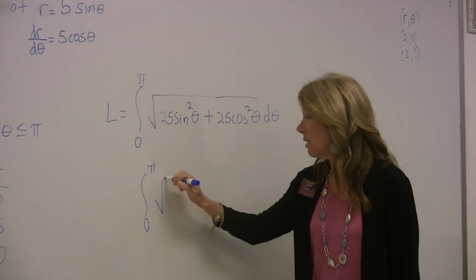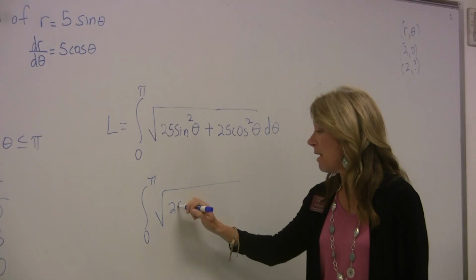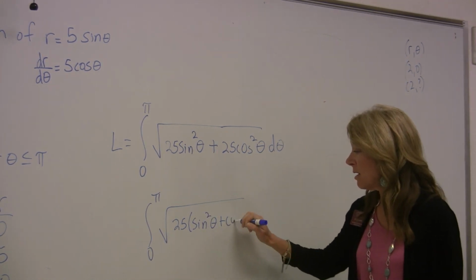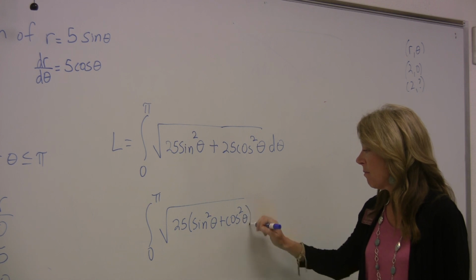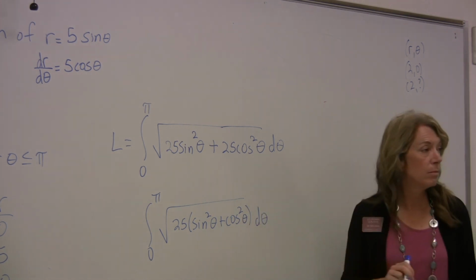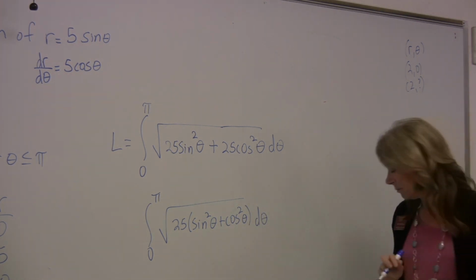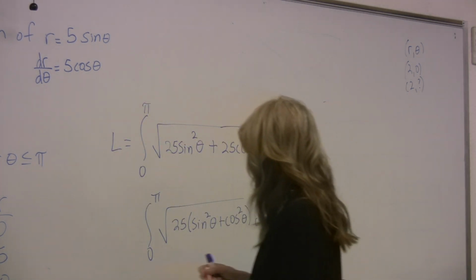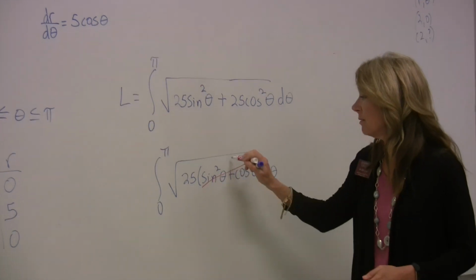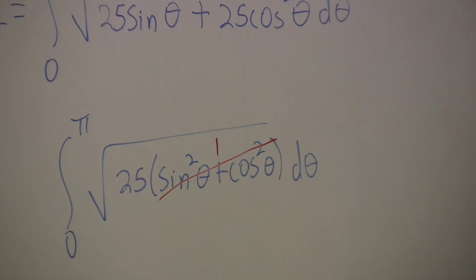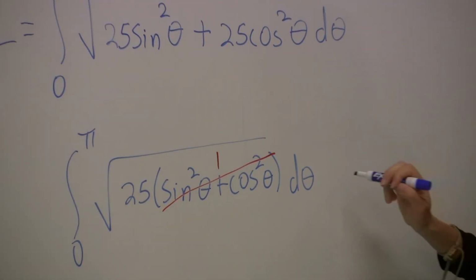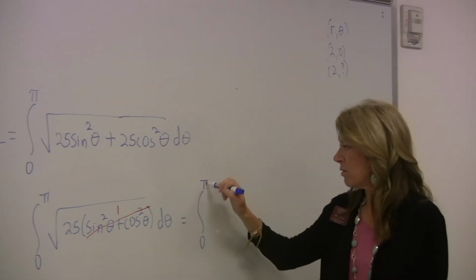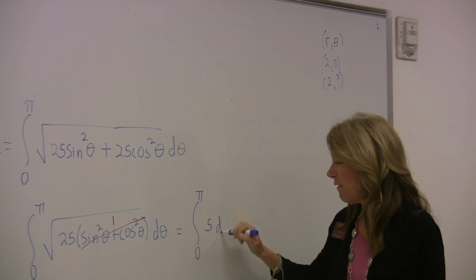I'm going to write it down so you see it. 25 times sine squared plus cosine squared. You recognize this identity? That's just 1. So that's just the square root of 25. This whole thing reduces to 5 d theta.